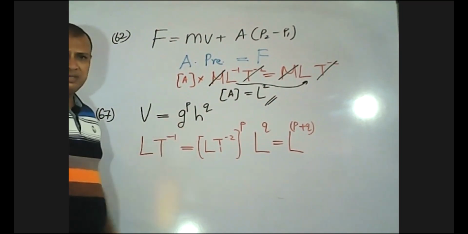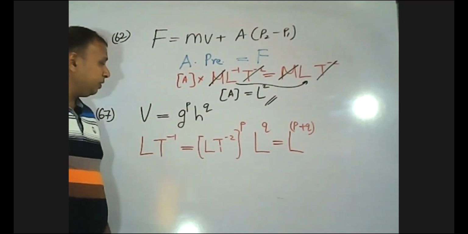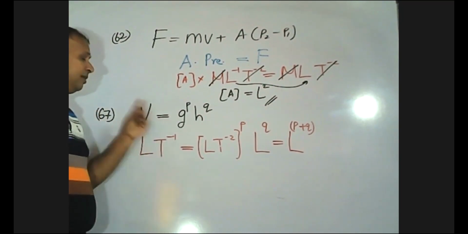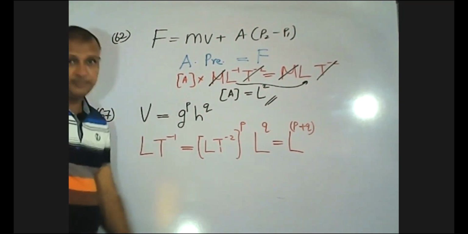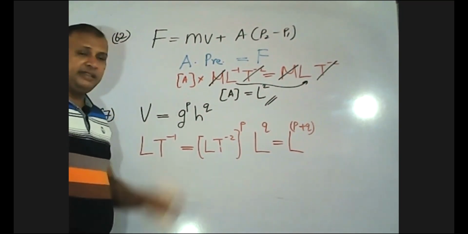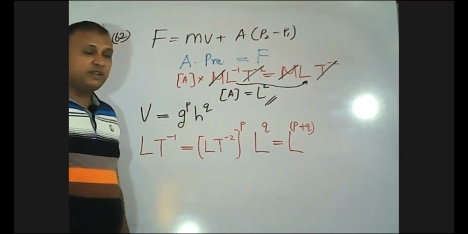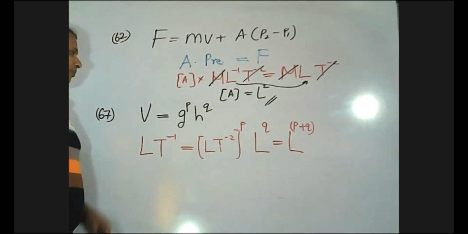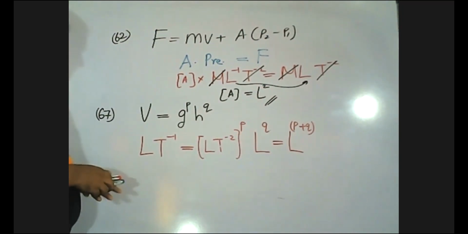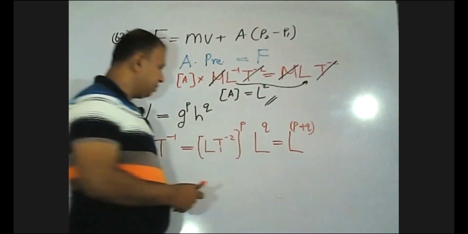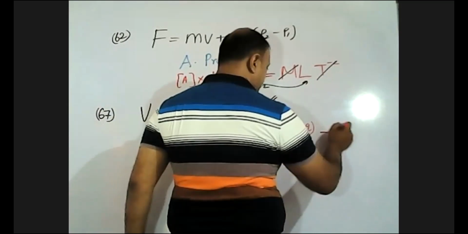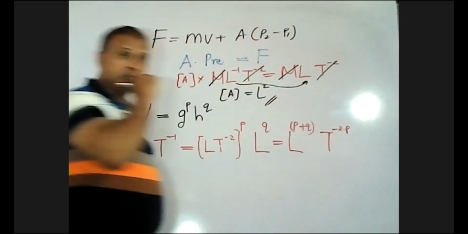That means it is not proportional to any other factor, so I can take K as 1. Otherwise, it is better to give that value. Then T to the power minus 2p.